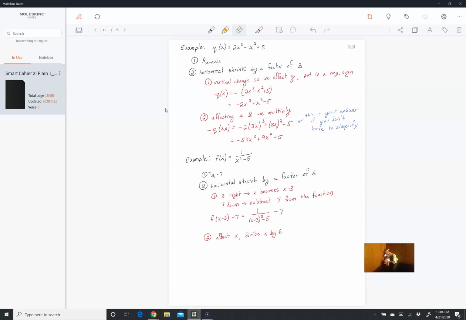So this says replace every x with x over 6. So we're going to look here and we're going to say, okay, where do we see an x? Let's replace it with x over 6. Everything else just remains the same.